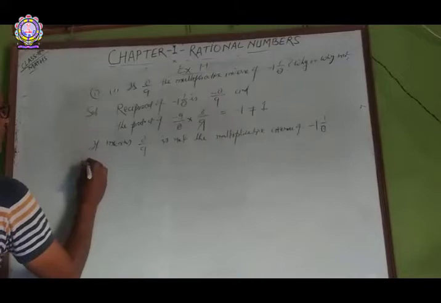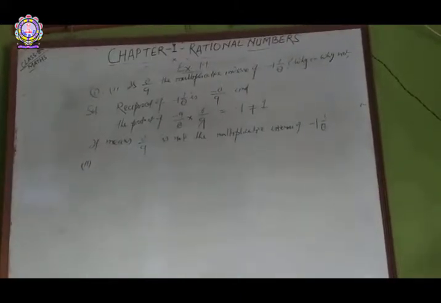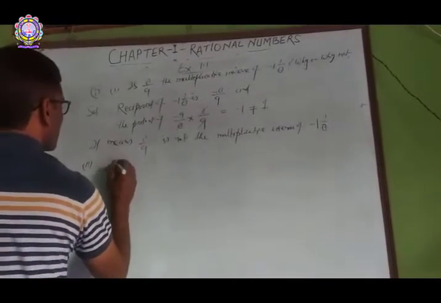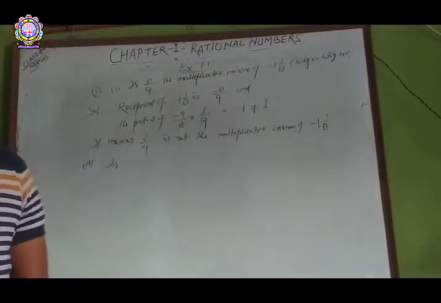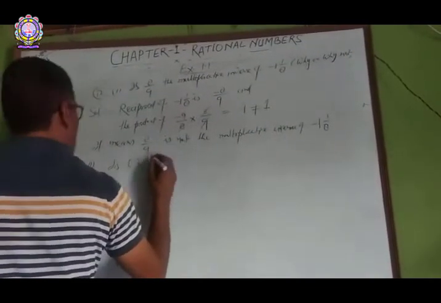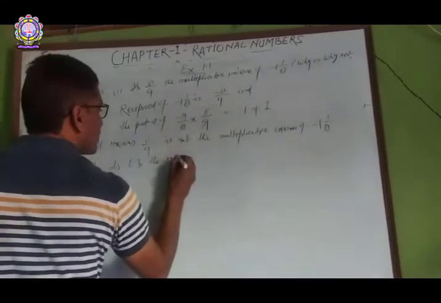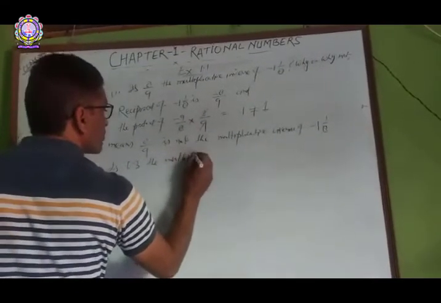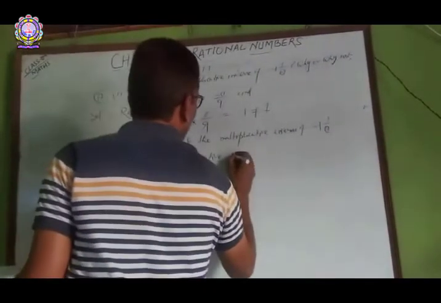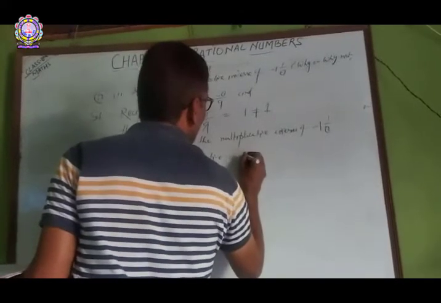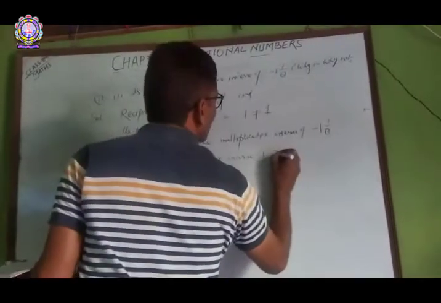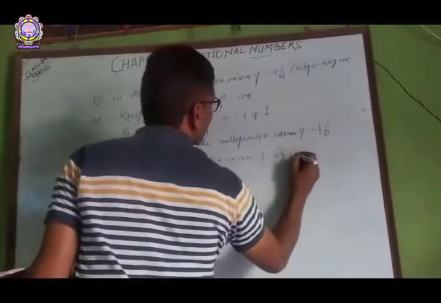Now come to part second. Part second is: is 0.3 the multiplicative inverse of 3 whole 1 upon 3?